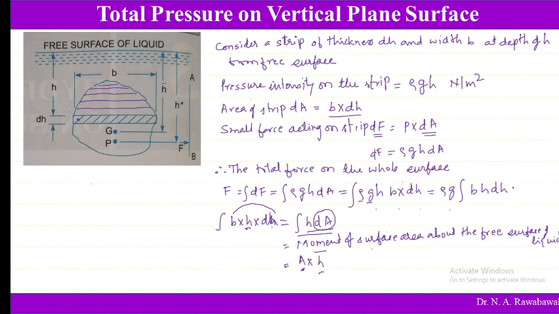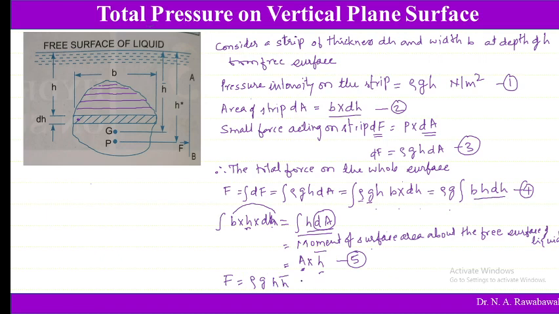Therefore this equation, say we call this equation number 1, this equation number 2, this equation number 3, this equation number 4, and this equation number 5. So equation number 4 becomes F is equal to rho g integration of b h dh, and integration of b h dh is nothing but A h bar.